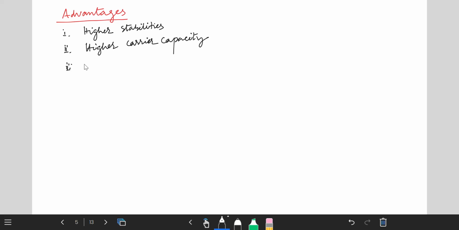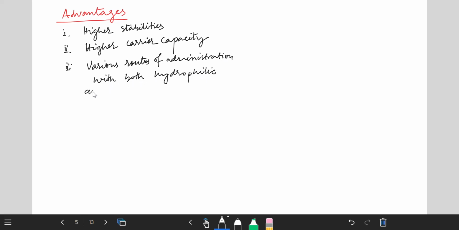So, various routes of administration with both hydrophilic and hydrophobic substances.